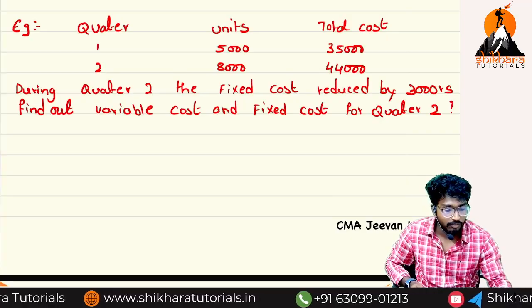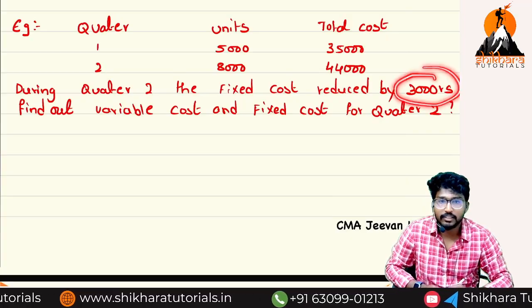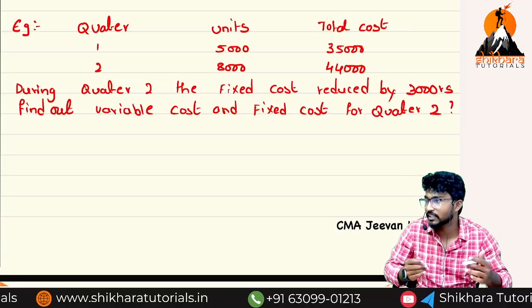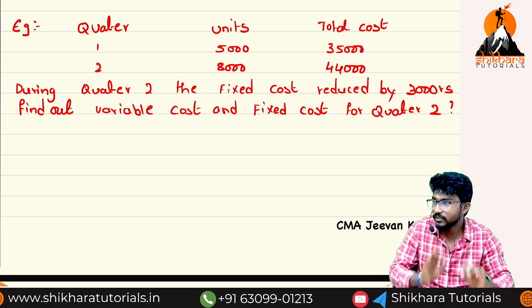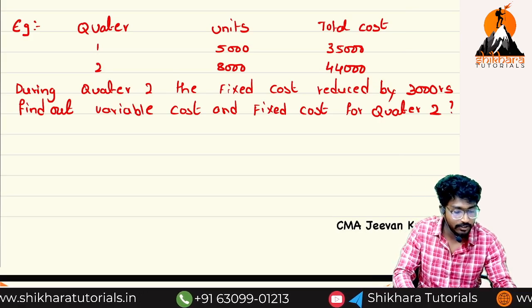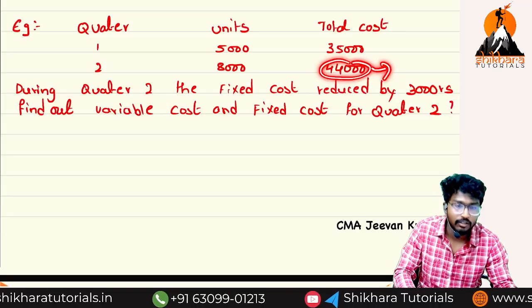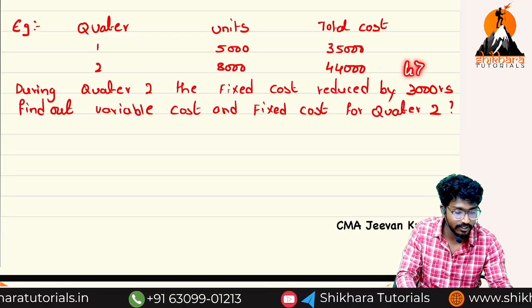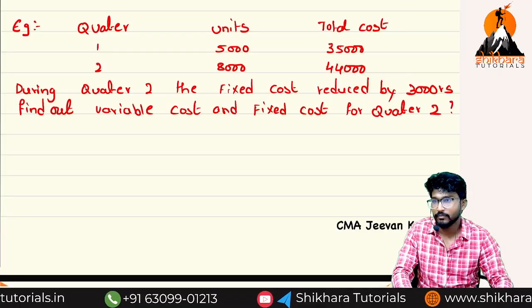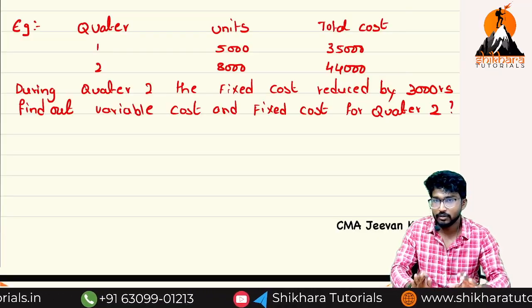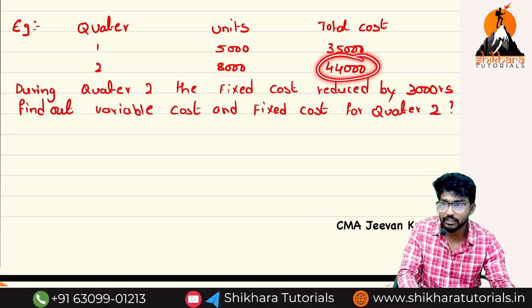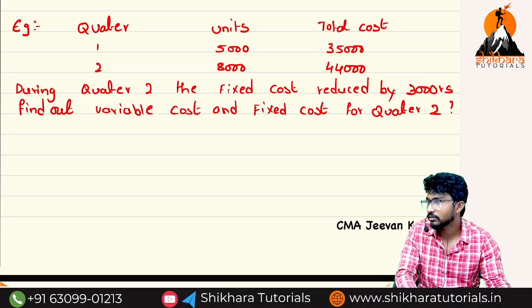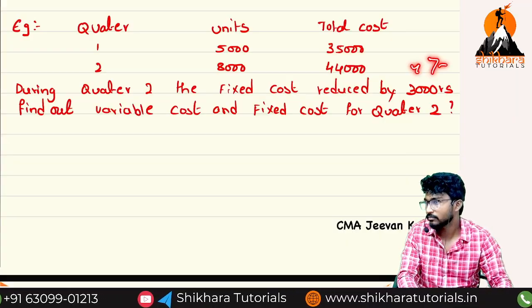Now, what will happen if there is no reduction in the fixed cost in quarter 2? If there is no reduction in the fixed cost in quarter 2, then this total cost would be at how much? 47,000.